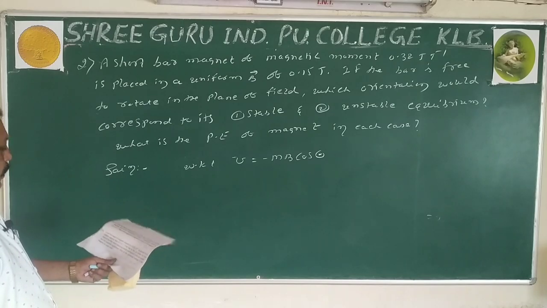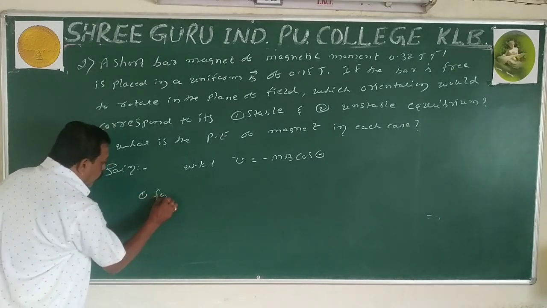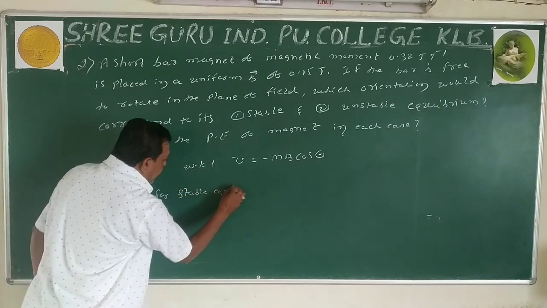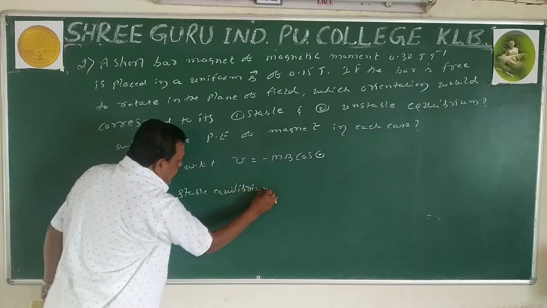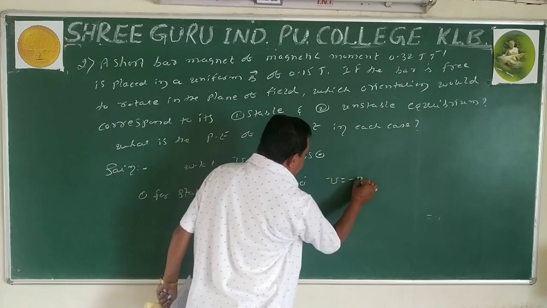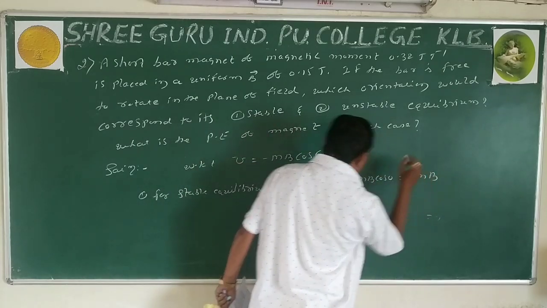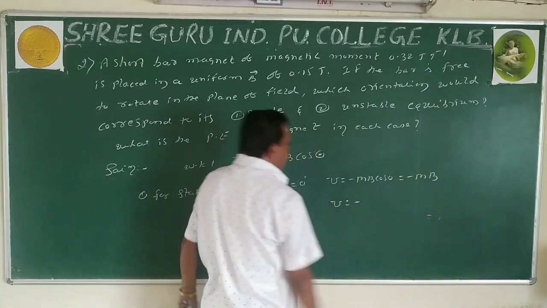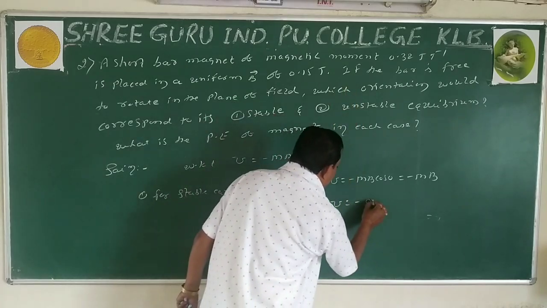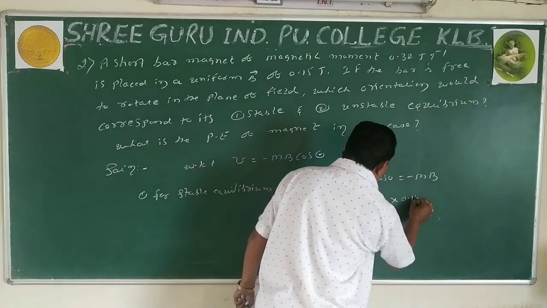Then, number 1, for stable equilibrium, theta equals 0 degree, U equals minus mB cos 0, that is nothing but minus mB. What is m? 0.32. What is the magnetic field? 0.15.